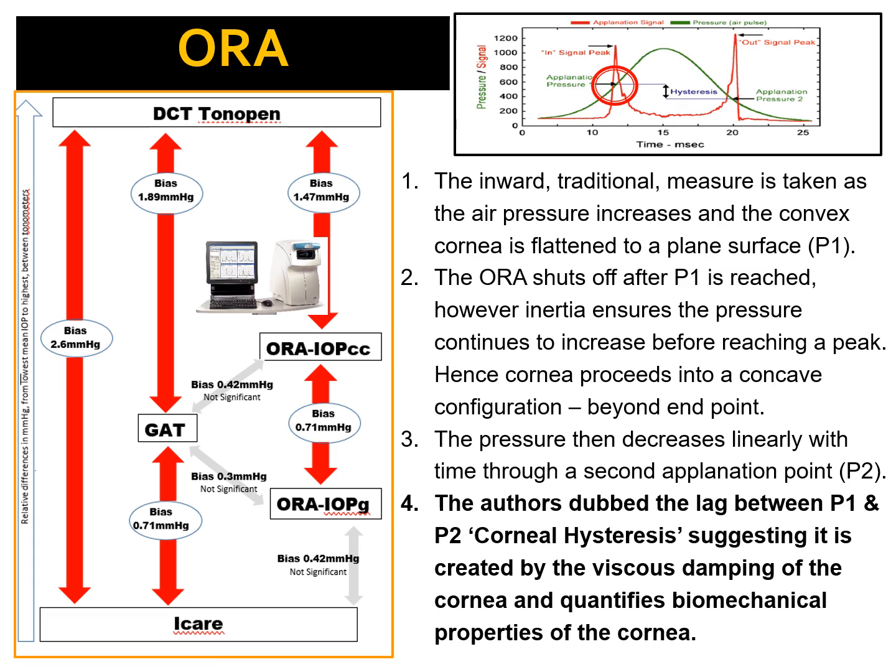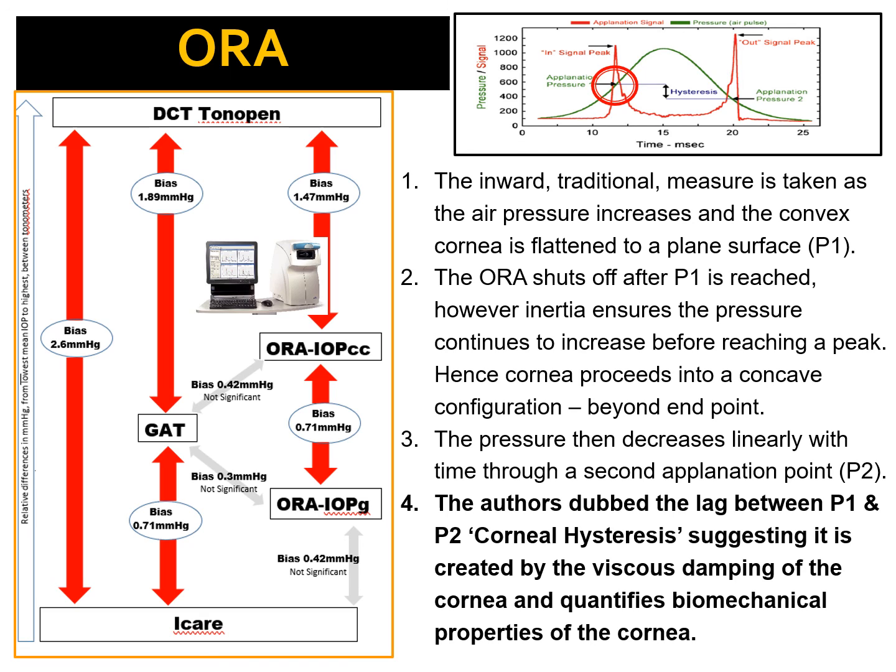Then the air puff shuts off, this is all tonometers, all NCTs, shuts off after P1 is reached, but there is a certain level of inertia in the system and the pressure continues to increase before reaching a peak. So at this point, the cornea is concave. Now the pressure then, or at least the cornea, then starts decreasing again as it returns to its habitual shape.